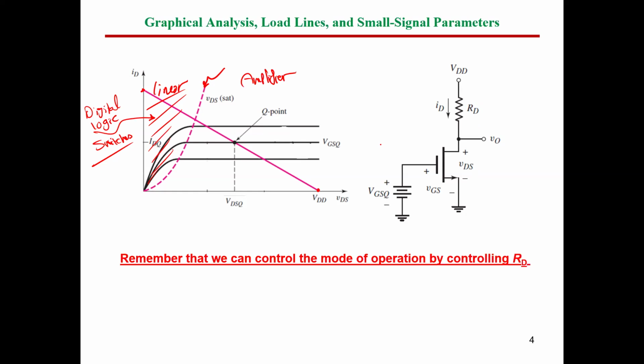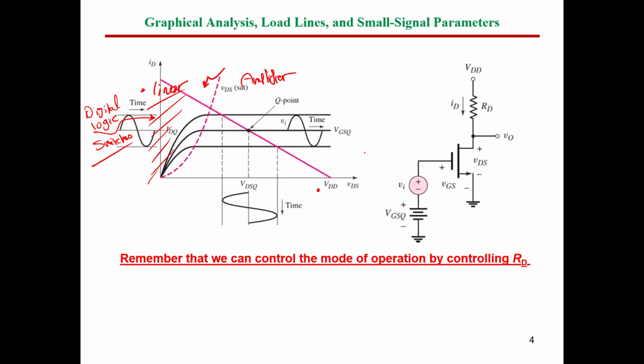Now, if you have an input signal, I added V input here, and I still have V output. V output from this circuit is nothing but the voltage between this point and ground, which is V drain to source.